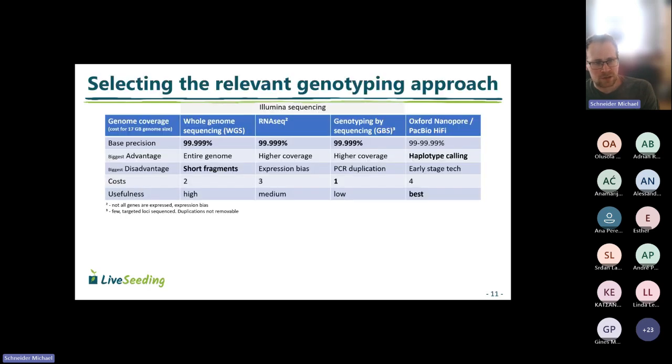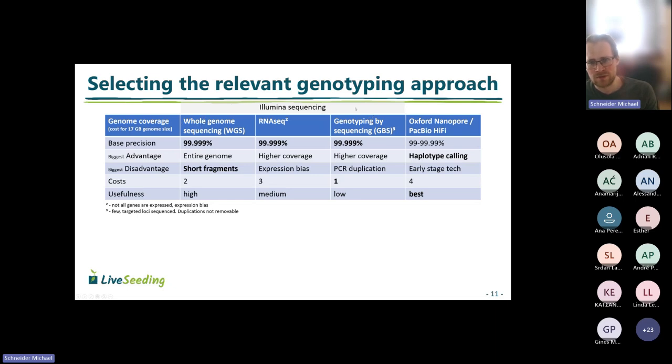The most relevant sequencing approaches I would consider available are whole genome sequencing, RNA sequencing, so the expression data, where all the proteins that are expressed from the cell will be present in this data set. We also have a targeted approach to sequence just very specific, but also kind of untargeted, regions on the genome.